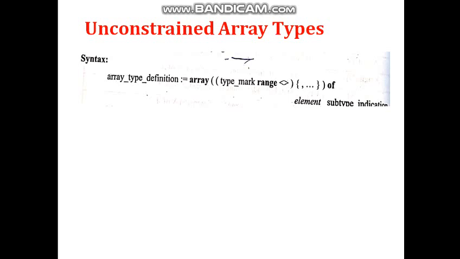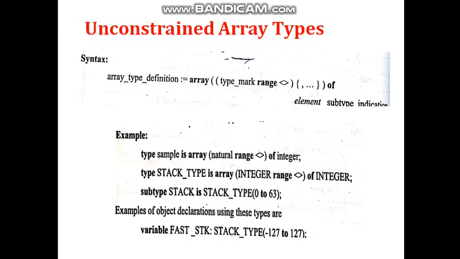There are some examples of this unconstrained array, and we will try to see them. The first example: type stack_type is array of integer range with a box of integer. Subtype stack is stack_type 0 to 63. An example of an object declaration using these types is variable fast_stk, stack_type minus 127 to 127.